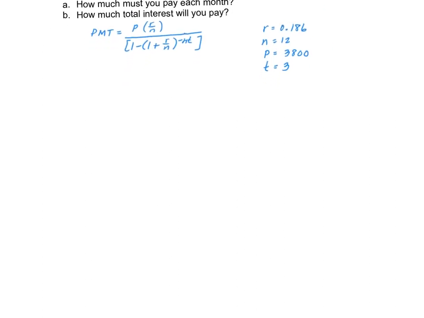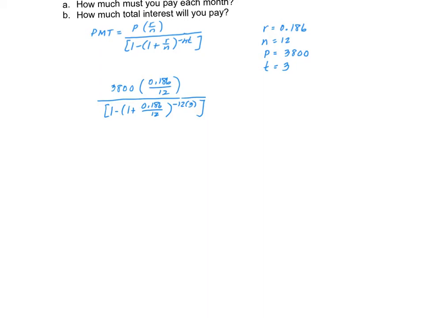Putting those values into our formula, we have 3800 times 0.186 over 12 divided by 1 minus 1 plus 0.186 over 12. And the exponent would be a negative 12 times 3.